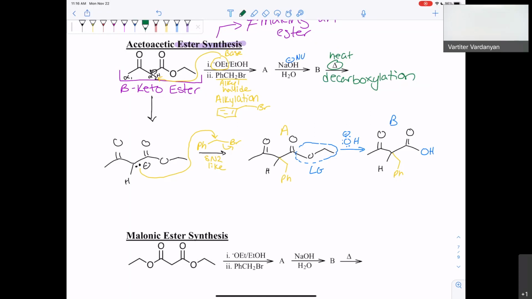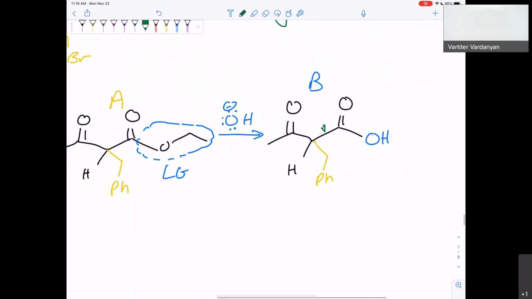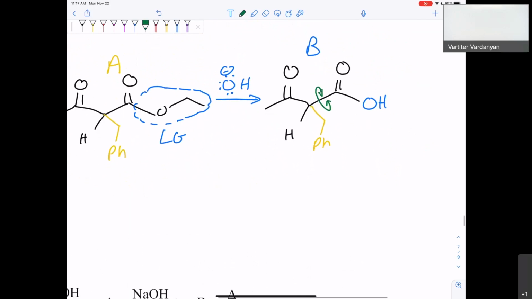All right, so what the heck is a decarboxylation? Well, first things first, we're going to rotate this bond so that the OH is pointing upward. So we're not doing anything right now, like any kind of reaction, we're just rotating a bond. So everything on this left side stays exactly the same.